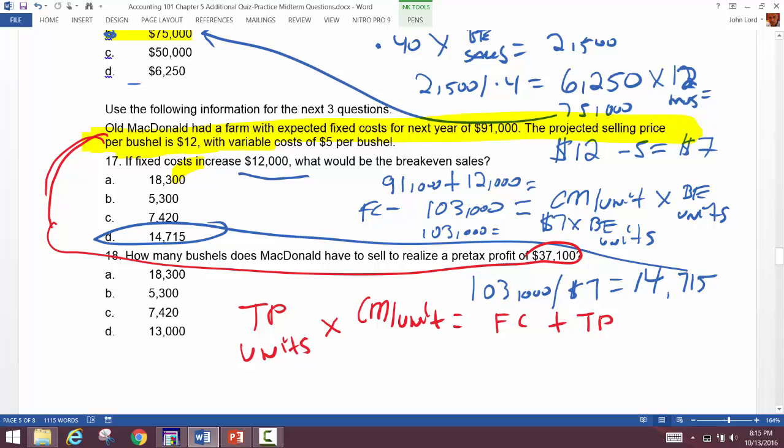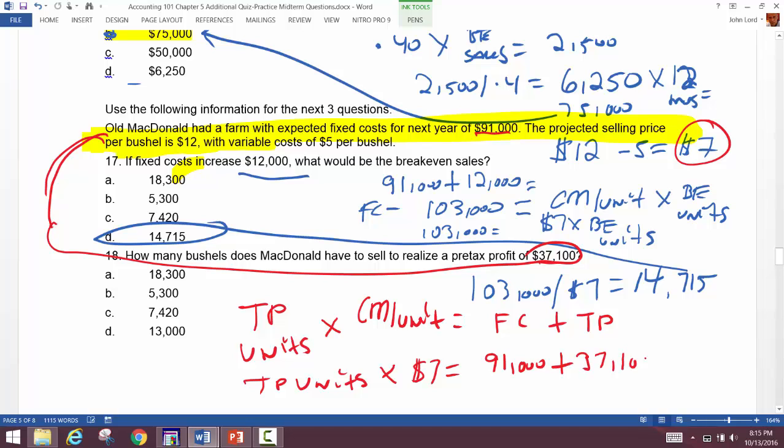So now I'm sitting there and I say, okay, well, I don't know what the target profit units are. That's what I'm solving for. Times, and what's the contribution margin per unit here? $7. Now has to equal, and my fixed cost, and guys, we're just sticking with the original fact pattern here, which is 91,000. Plus the target profit they told me here is 37,100.